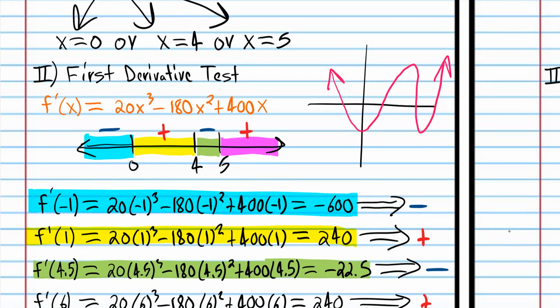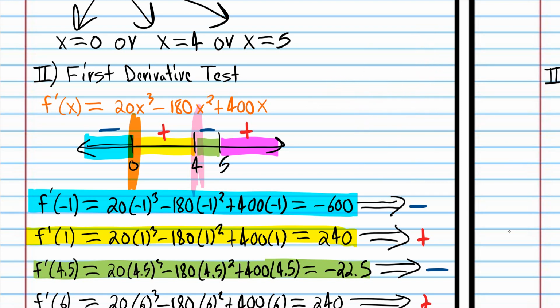So we have 0 is again a minimum, and then 4 is a maximum because we're changing from positive to negative, and x equals 5 is another minimum because we're changing the sign of the derivative from negative to positive. So that's kind of the situation that we're dealing with.